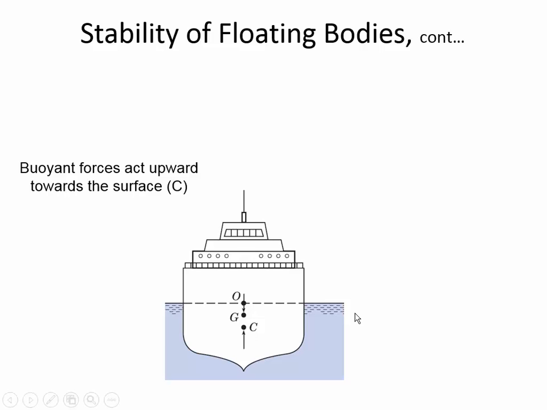One of the things you have to know is that gravity acts down and buoyancy acts up. I think you've probably already seen that on plenty of occasions, including the homework assignment you just submitted. Now, if you tip the ship over, it's going to change the shape of what's underneath the waterline.